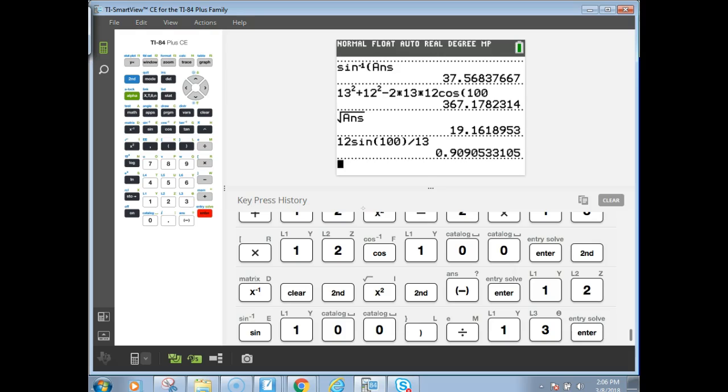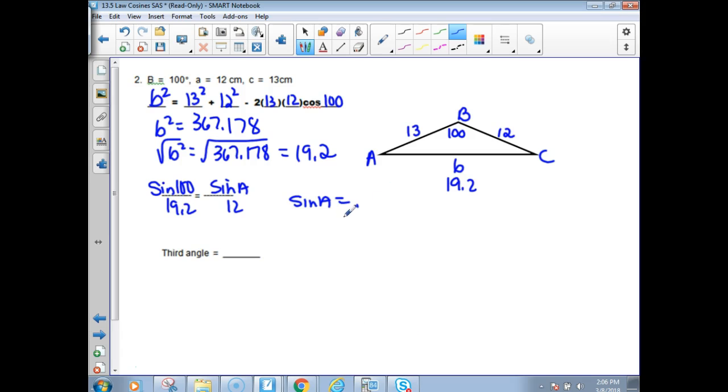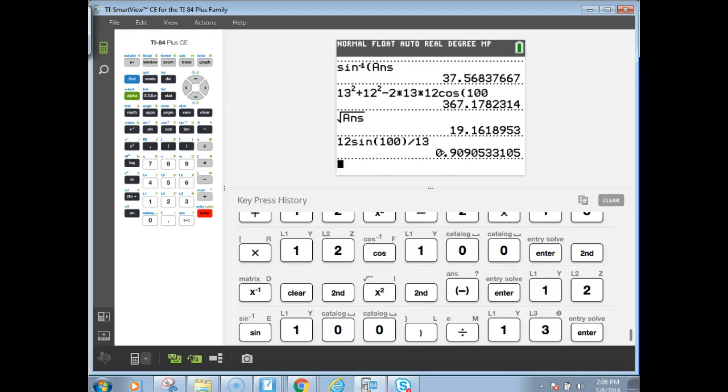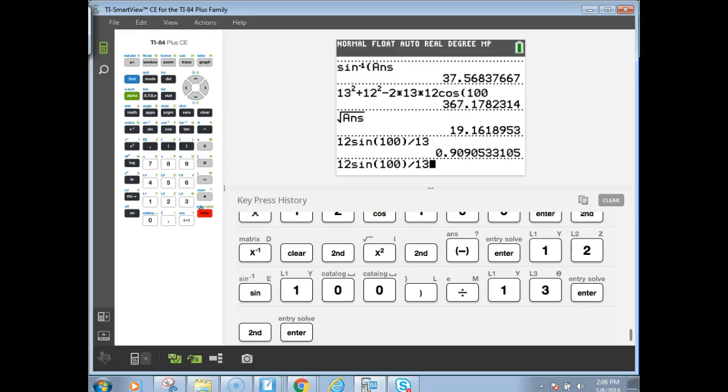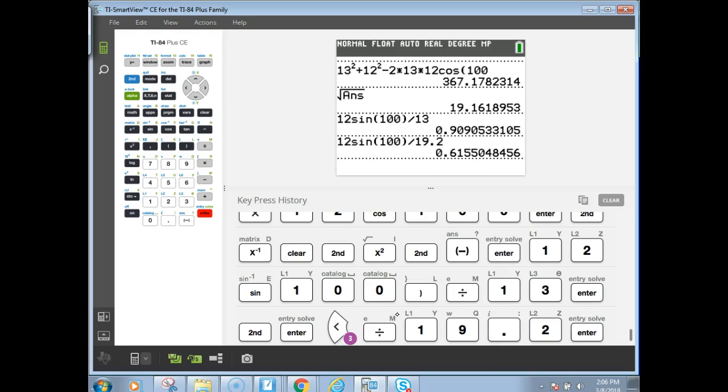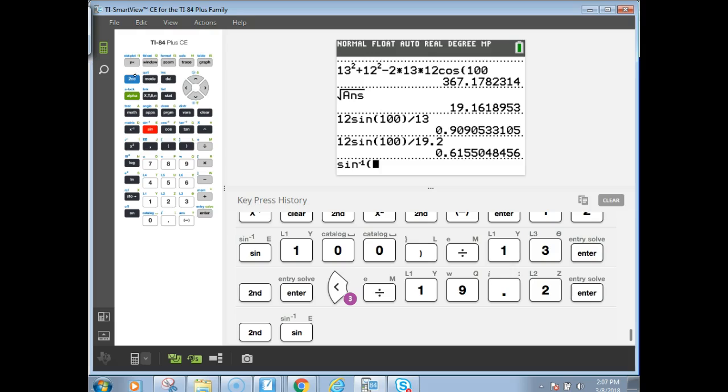And we got 0.9053? Or did I type that wrong? Oh, it's supposed to divide by 19.2. All right, I've got to look at my paper. I'm just going to hit second enter and get that back. And I changed that to 19.2 so I have the right answer. All right, so this is what we're doing, the inverse sine of, second sine, put in that answer.